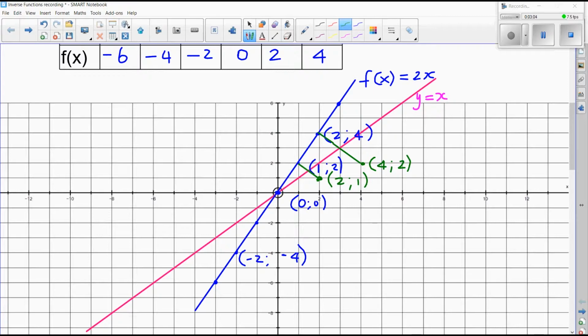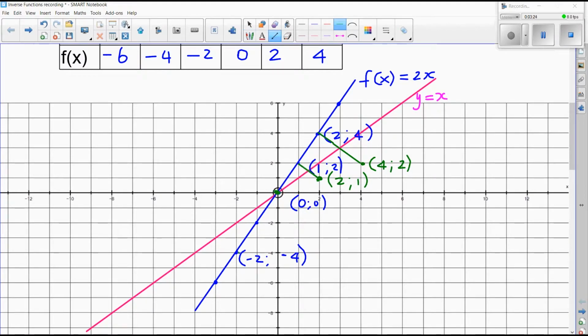The origin is on my axis of symmetry, y equals x, or my line of reflection, and so its image will also lie on the line of reflection. We're going to do it for one more point, so we're going to reflect the point x is negative 2, y is negative 4.